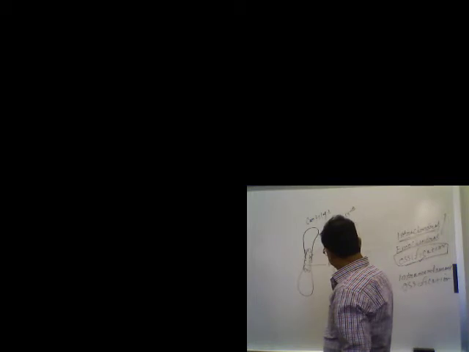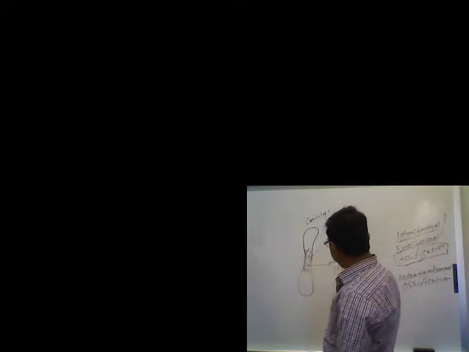This is called the medullary cavity, inside the shaft. And that is number one. And the area where the cells, chondrocytes become osteoblasts and osteocytes, this area is called primary ossification center.